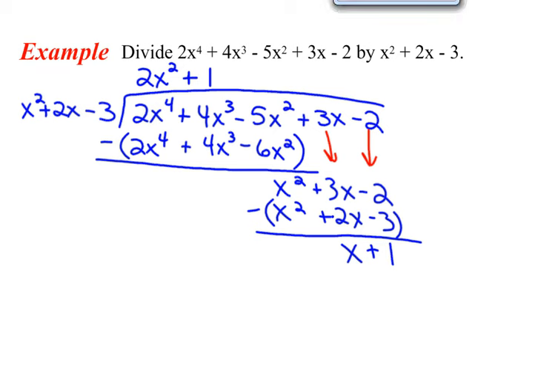So at this point, we obviously have a remainder because we finished up top, right, with our constant right here, this plus 1. So we are done at this point. There aren't any more terms to bring down. And so this means that x squared plus 2x minus 3 is not a factor of 2x to the fourth plus 4x cubed minus 5x squared plus 3x minus 2, because we have a remainder, right?